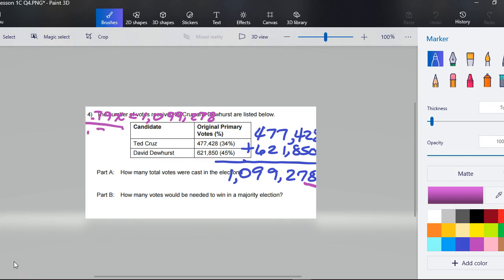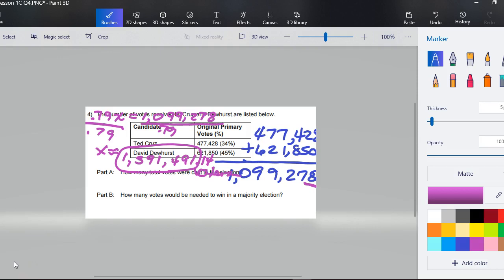We're going to divide both parts by 79 hundredths, and we're going to get that our x is approximately equal to, when I take the calculator and divide 1,099,278 by 0.79, I get an answer of 1,391,491.14, which is the correct number. And I'm just going to use this front part and call it voters.